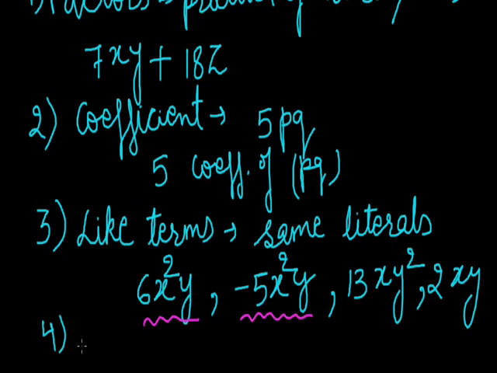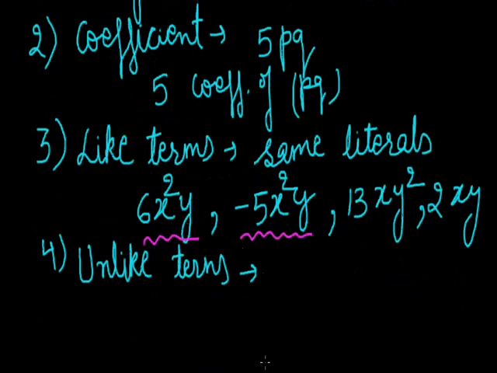And the final concept is what is an unlike term. As the name suggests, the terms which are not like are unlike terms. That means they do not have the same literals.